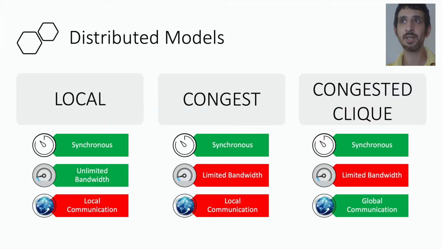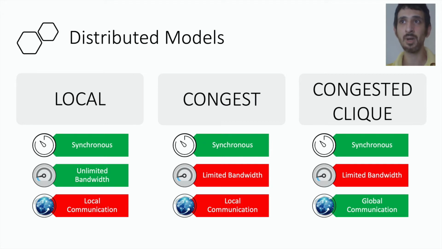There are three distributed models relevant to our work: LOCAL, CONGEST, and the Congested Clique. In all three models, we have n nodes which communicate with each other in synchronous rounds. In the LOCAL model, a node may only communicate with its direct neighbors in each round, but has unlimited bandwidth to do so.